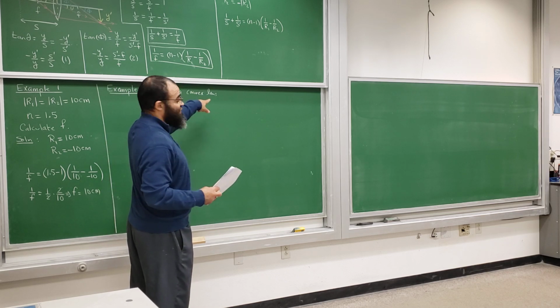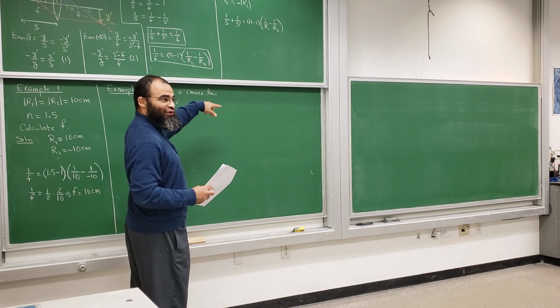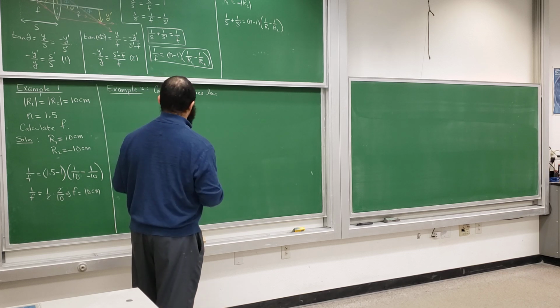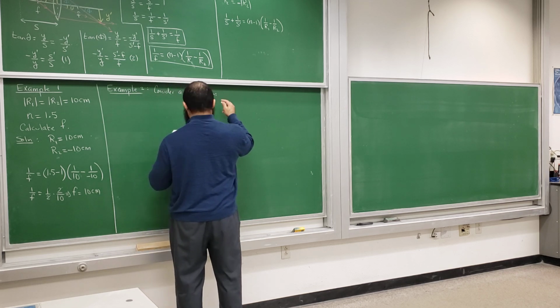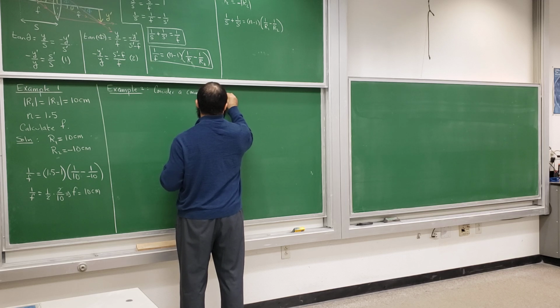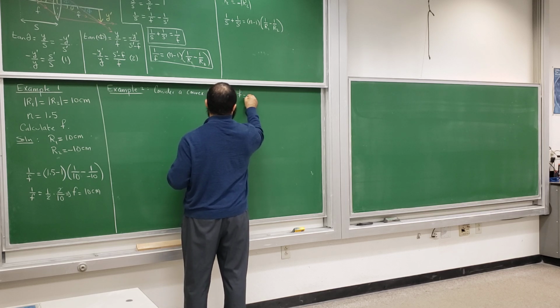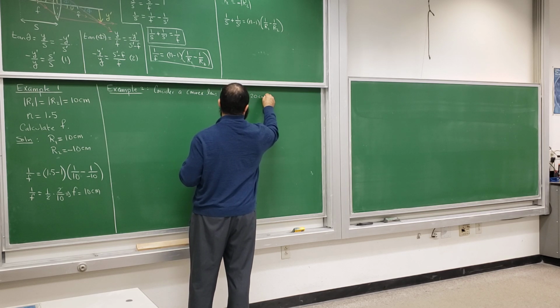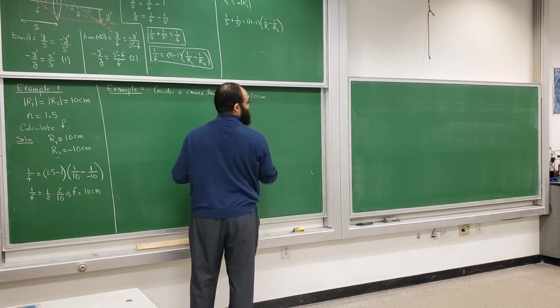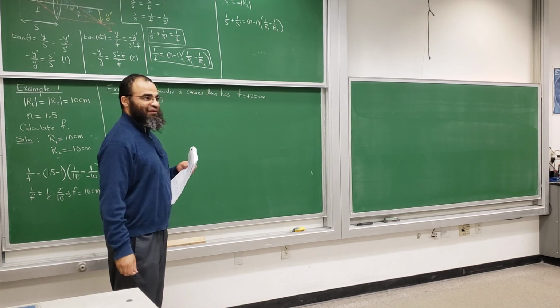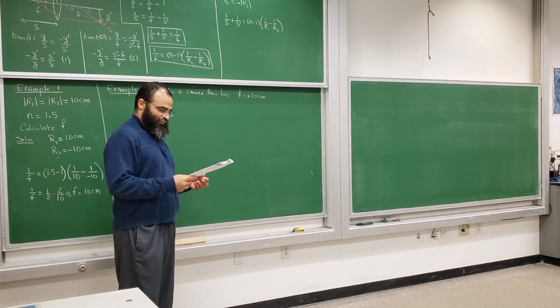So a convex lens means what? Converging. So converging has f equal to 20 centimeters, and I'm going to emphasize positive 20 because it is convex, it's converging.